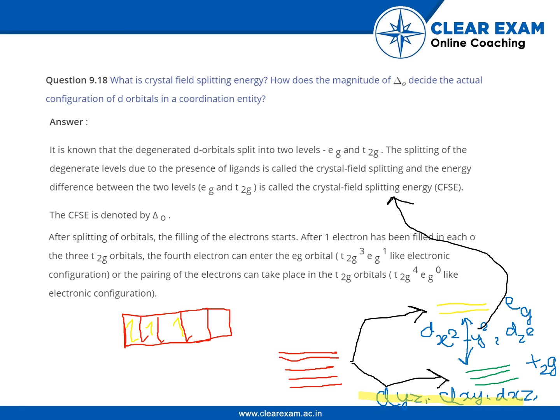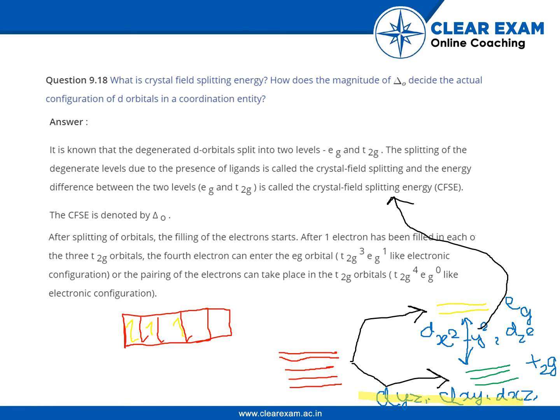Now, the fourth electron can enter the Eg orbital with the configuration of T2g3. First three are T2g, then last two are Eg. The fourth electron can enter the Eg orbital, giving a T2g3 Eg1 electronic configuration, or the pairing of the electrons can take place in the T2g orbital, giving a T2g4 Eg0 configuration.